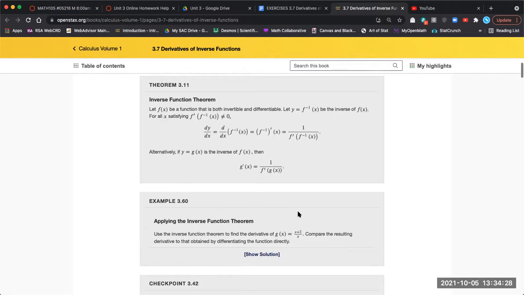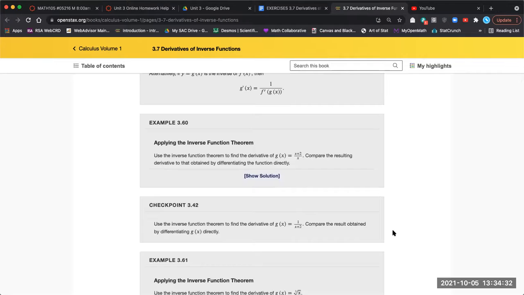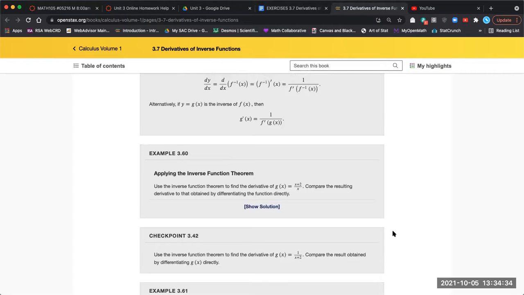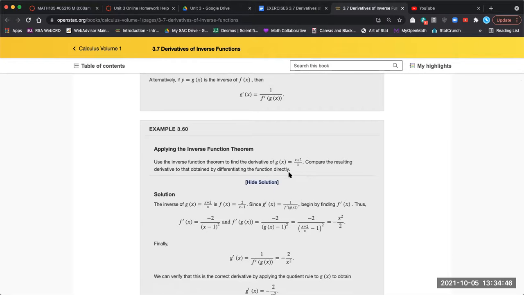The applications really occur with the trig functions, the inverse trig functions, which are utilized in trigonometry and when we solve physical problems involving trigonometry. So it's important to know the derivatives of those functions. You can apply the rule, but sometimes it's just easier if you know what the inverse is, here's g of x, and the inverse, just take the derivative of that and don't apply the rule.